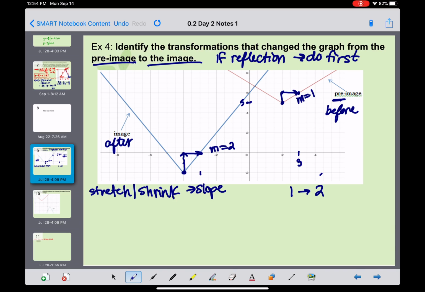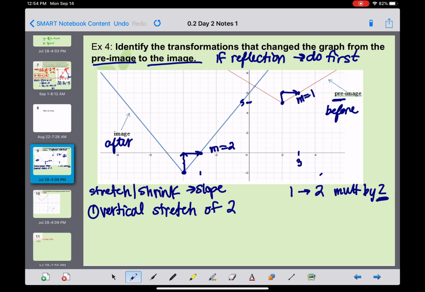So I'm multiplying by 2. Since that number is bigger than 1, it's going to be a stretch. So I have a vertical stretch of 2, because I'm changing my slope from 1 to 2.